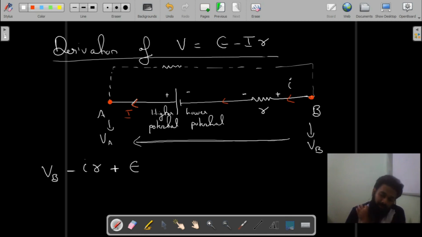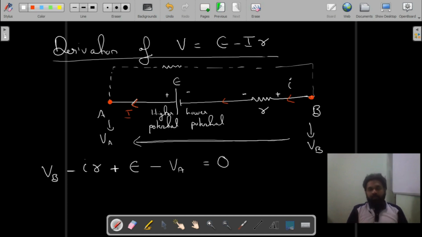Anyway, for a battery or a cell, the terminals will already be marked, but higher potential we will take as positive, lower potential we will take as negative. So VB plus minus IR, then plus E, then minus VA is equal to 0.